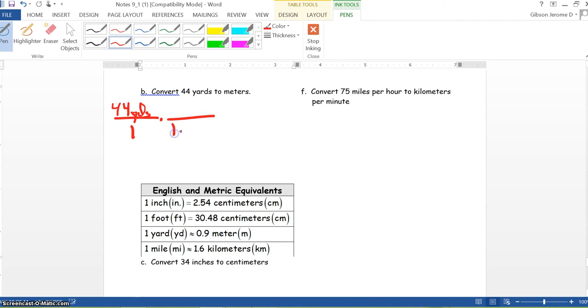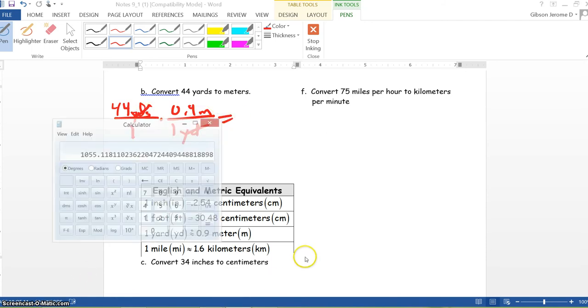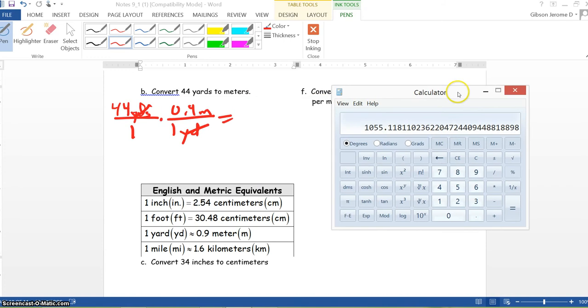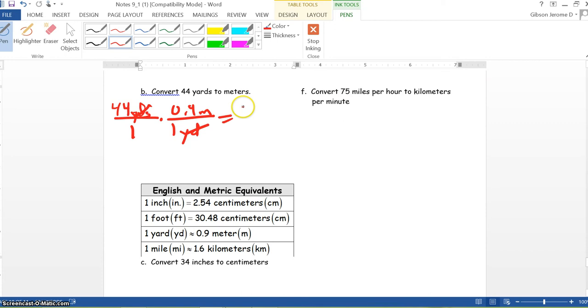So it would take 1 yard to equal 0.9 meters. So these yards will simplify out. 44 times 0.9, we use our calculator. 44 times 0.9. That would give us 39.6.